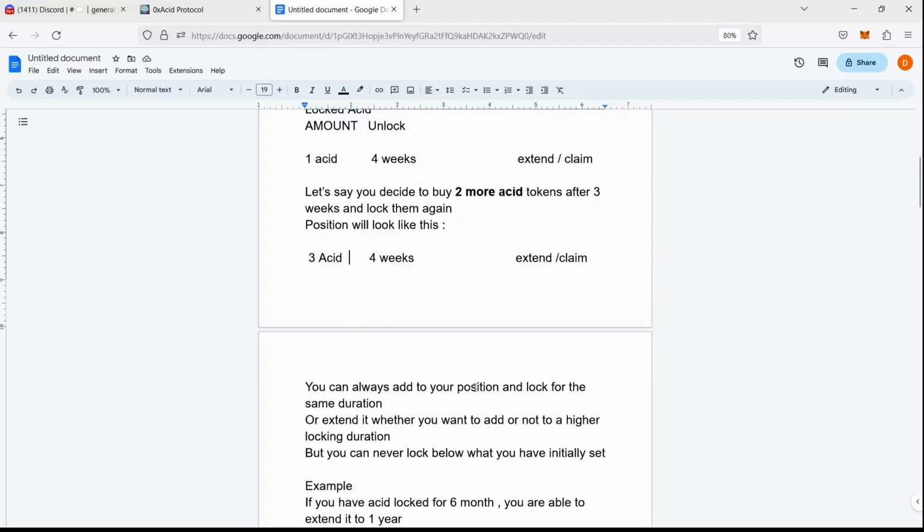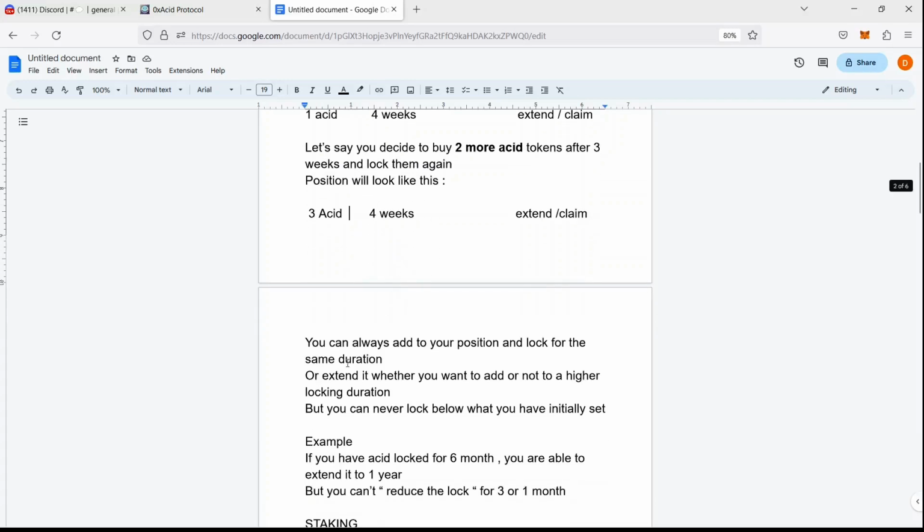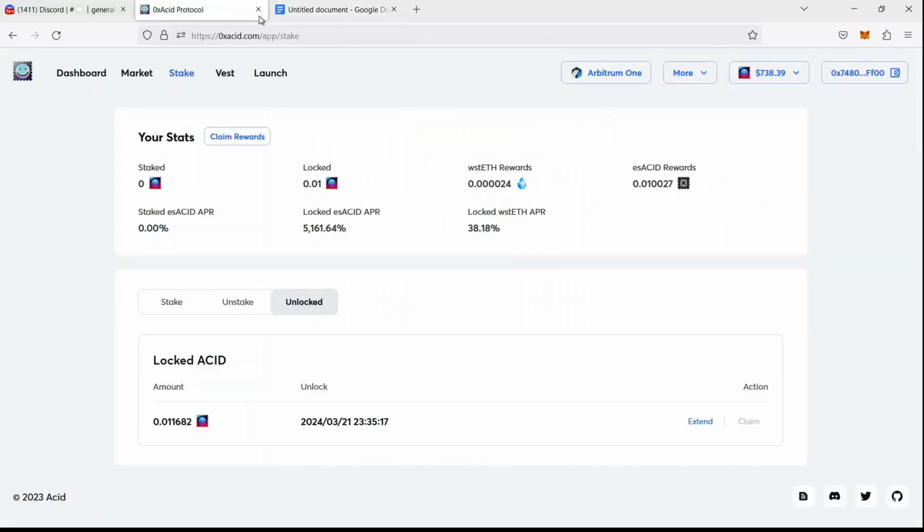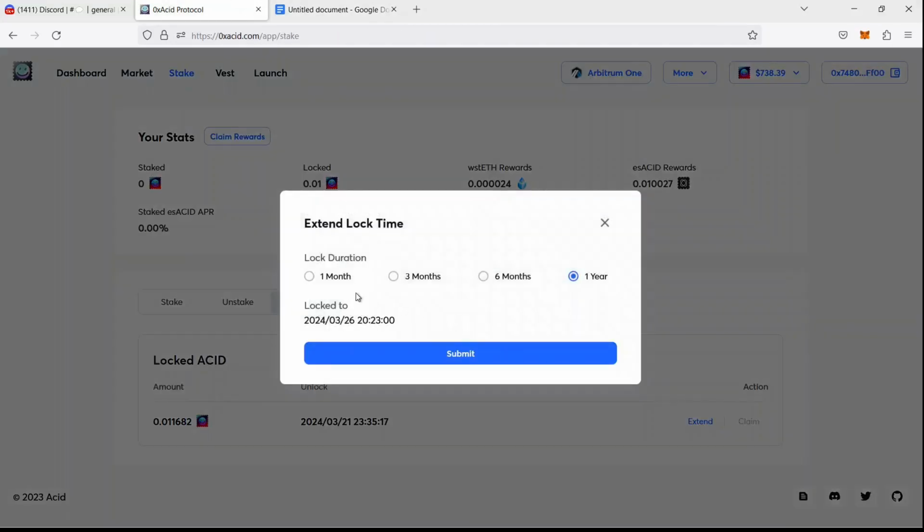I can always add and lock for the same duration I have initially set, and I can also extend it. Whether I want to add more tokens or I don't want to add, I will always be able to extend the duration I have and increase it. So in case I have my tokens locked for 1 month, I am able to lock them for 3 months or 6 months or 1 year.